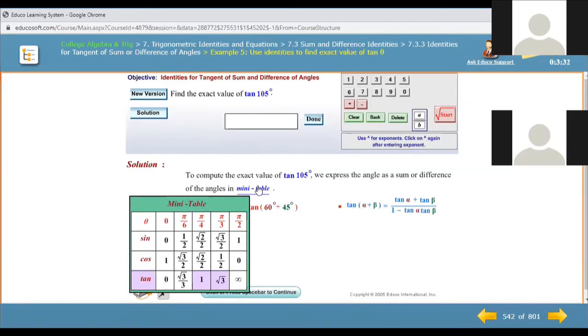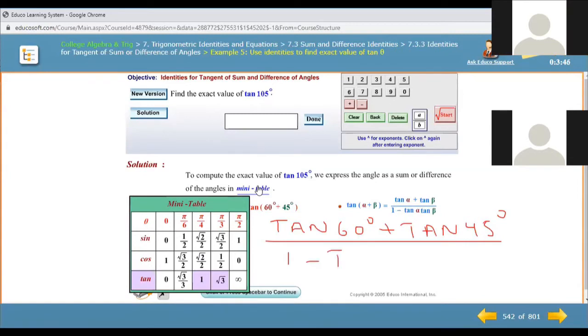So you have to write it as tangent 60 plus tangent 45 divided by 1 minus tangent 60 tangent 45.